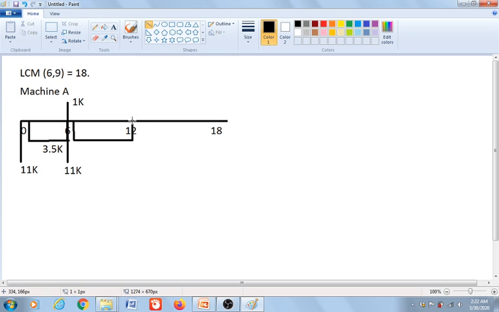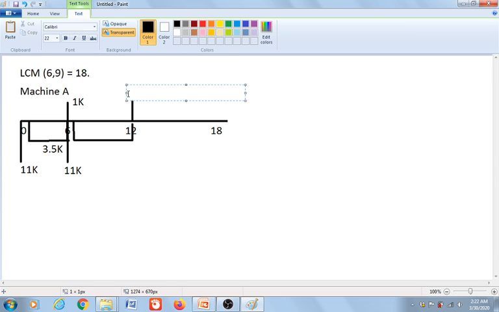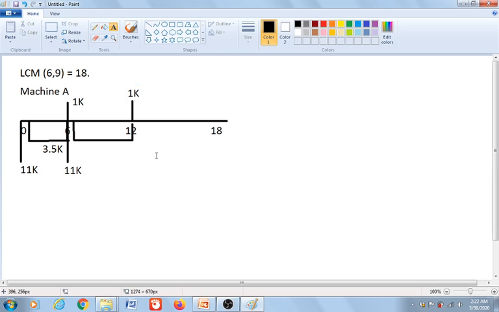At the end of year 12, for the first machine, we're going to get a salvage value of 1k. And that's the end for machine number 2.